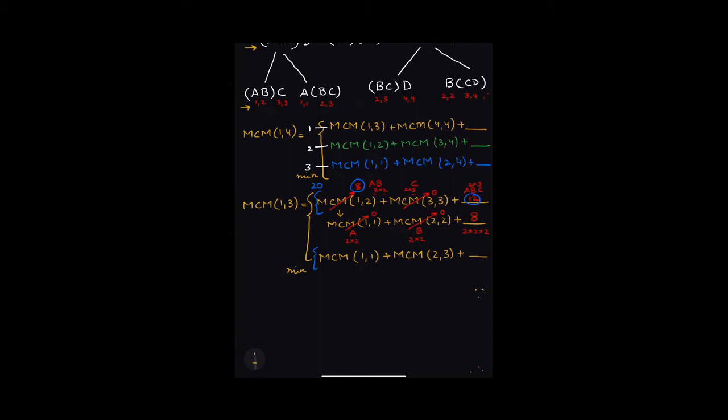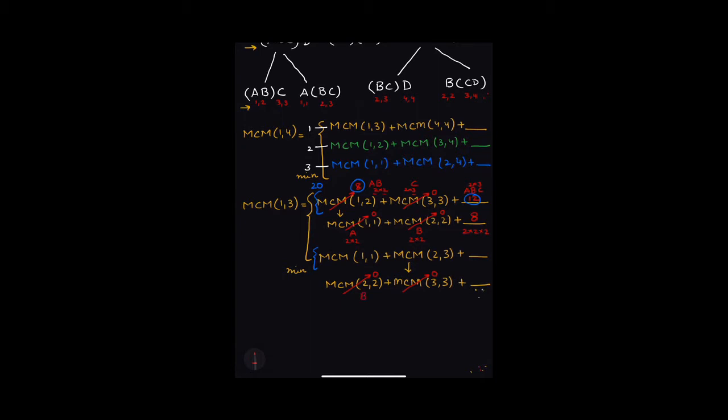To solve this, MCM 2, 3 can be written as MCM of 2, 2 plus MCM of 3, 3 plus some cost. Now we already know that since i is equal to j, I am putting the value of 0. Since i is equal to j, I am again putting the value as 0.